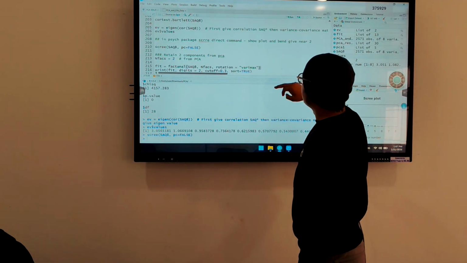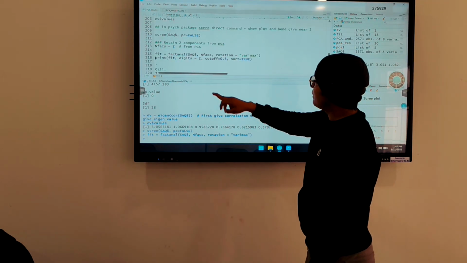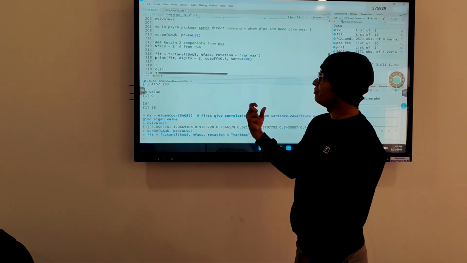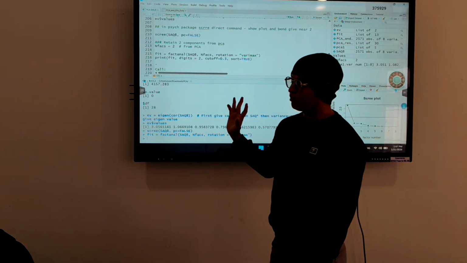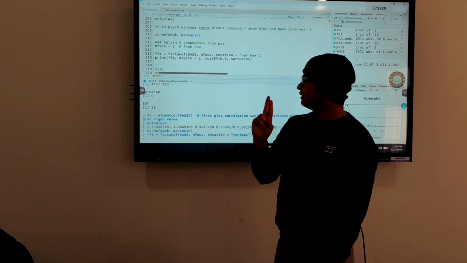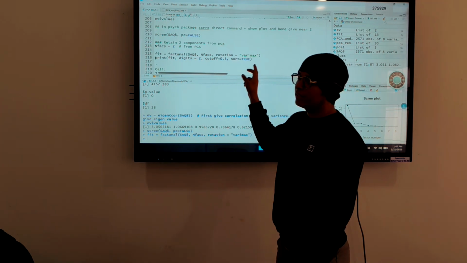Now let's see what happened when I run this. This will be set in a fit variable, right? Now let's print it. Let's see in the console. That's why I have used the print command. This fit you should print, and you give only 2 digits. Do not give more than that. Cutoff means 0.3.